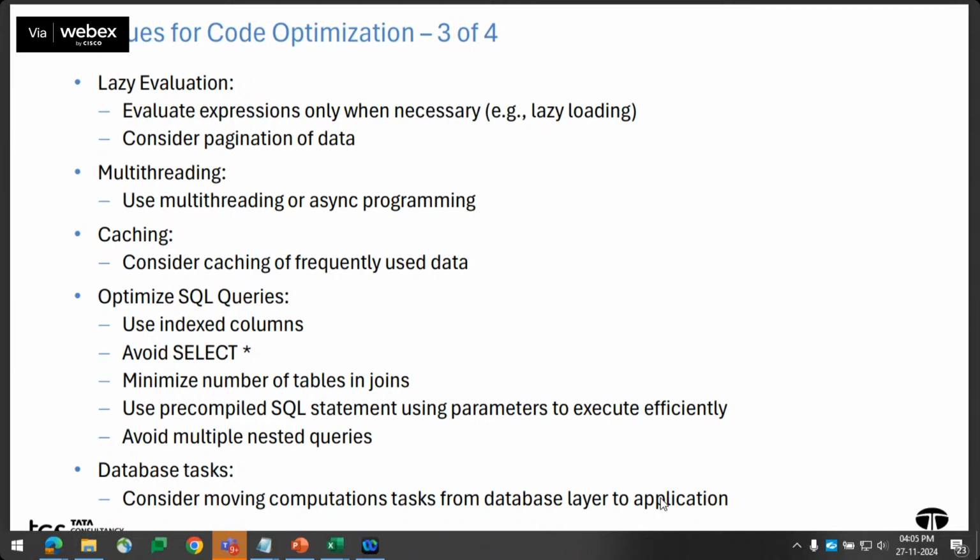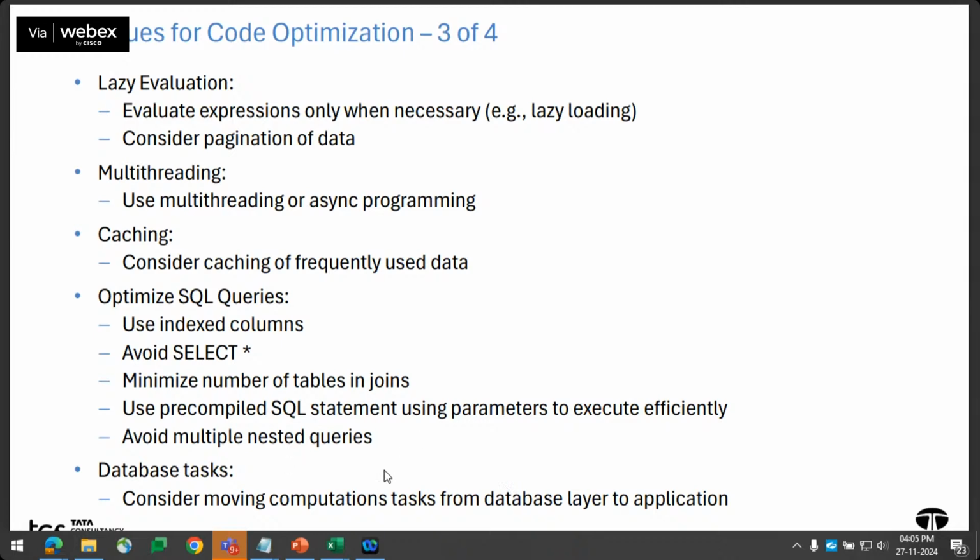And then the next one is a debatable topic. Different sets of people have different opinions about this one. Basically, what I'm saying here is trying to move a lot of these computational tasks from the database layer to the application layer.